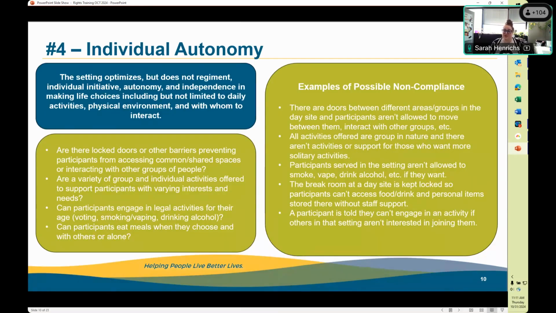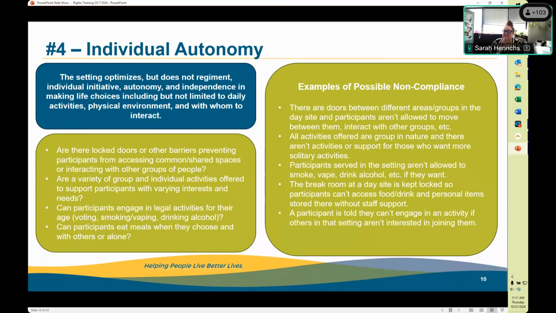So going back to that day site that I had pulled some shifts at back in the day that I hope isn't still open, each participant was assigned to a bay in this kind of industrial building, and they were sorted by their level of independence or disability, and weren't allowed to go between bays or interact with people in other bays.